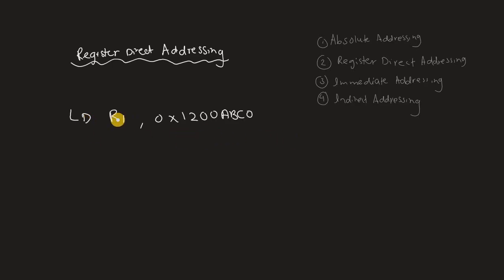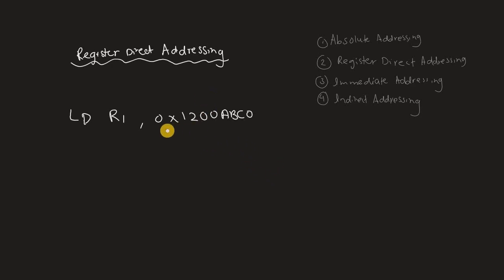Load this memory address into R1. So this is a form of the register direct addressing as well. Why? Because the operand is a register. Every time you have a register as an operand, it is automatically register direct addressing. It is also an absolute addressing.